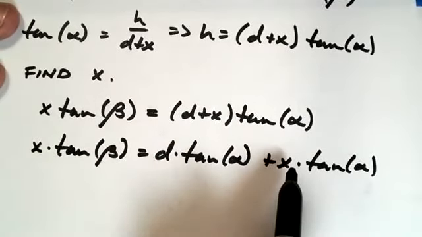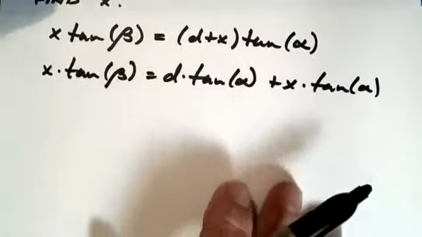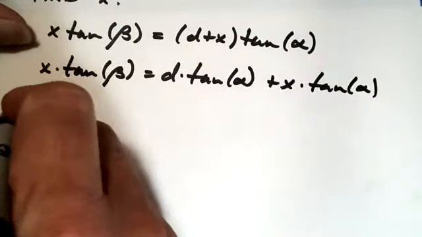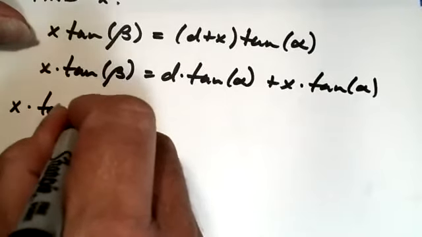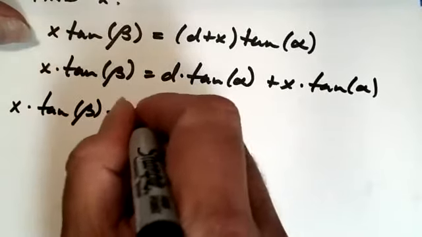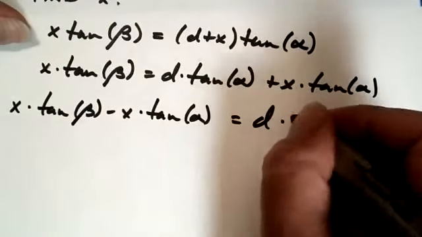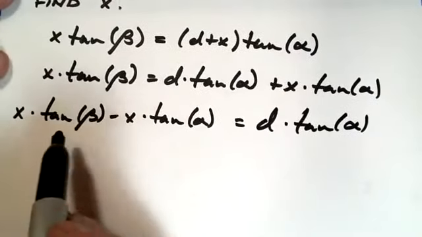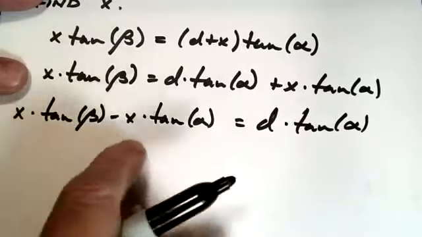Now I've distributed. I need to move everything that has an x to one side and everything that doesn't have x to the other side. So I'm going to subtract x times tangent alpha from both sides, and I end up with x times tangent of beta minus x times tangent of alpha is equal to d times tangent of alpha. Now I'm going to collect the coefficients on x, basically factoring out an x.